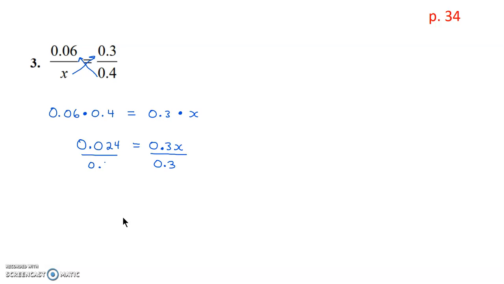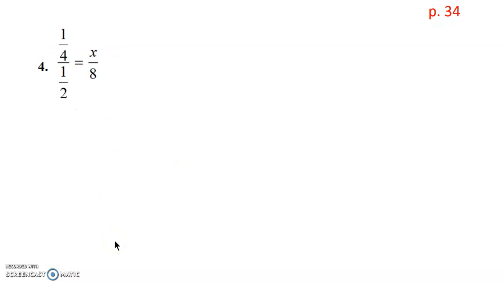We have to have balance, so it has to happen to both sides. And that gives us x isolated. 0.024 divided by 0.3 is equal to 0.08. So x is 0.08.